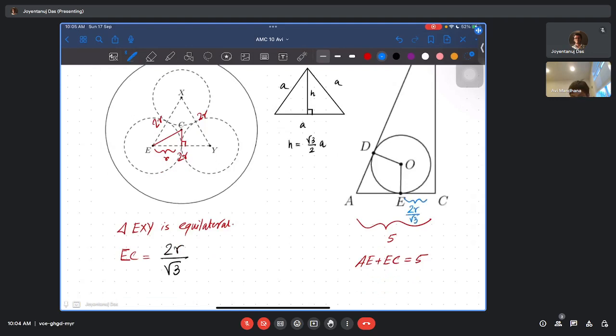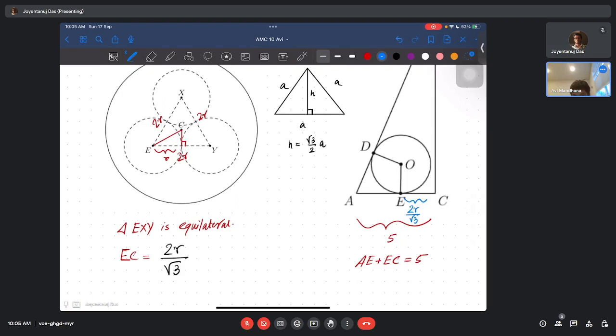So then can we find out the other thing? So the thing is now what we have to find is AE. AE we can find in terms of R, right? Because EC we have found in terms of R. So yeah, so we found EC.